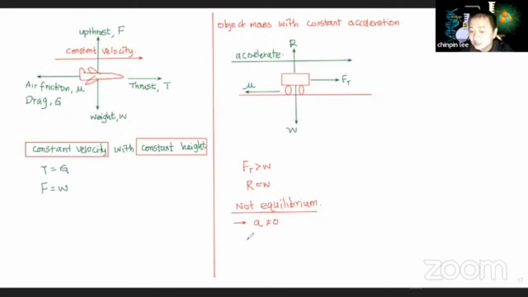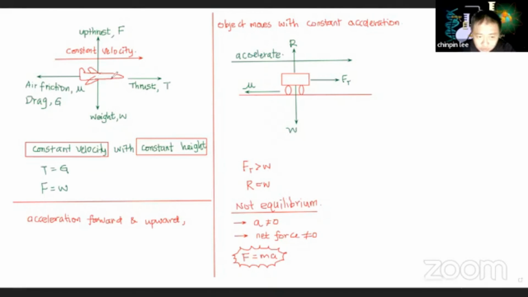It is accelerating, meaning that the net force or the resultant force is not equal to zero. You will see this one, you need to use F is equal to MA to calculate in the future. You are accelerating forward. It is not constant velocity.